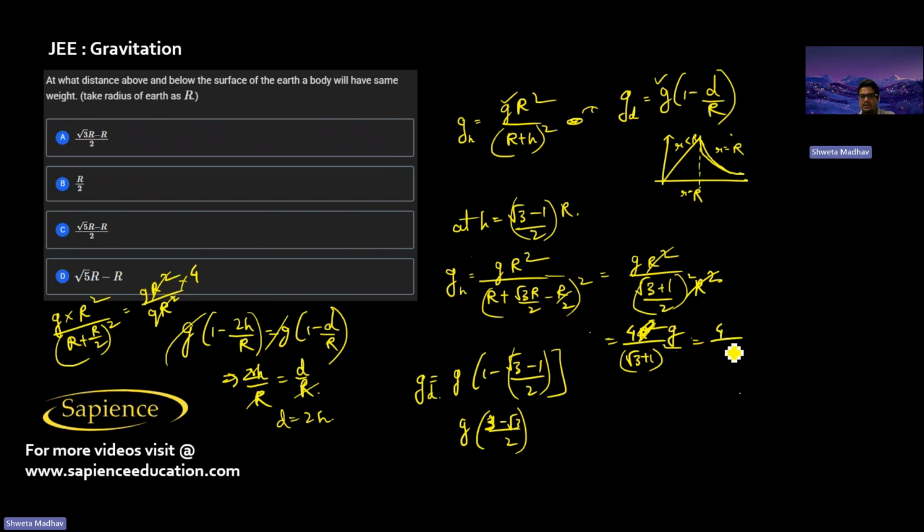And this will be 4 by 3 plus 1, 4 plus 2 root 3. So this will be 2 by 2 plus root 3 into g.